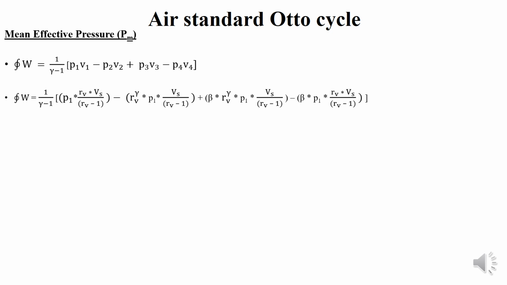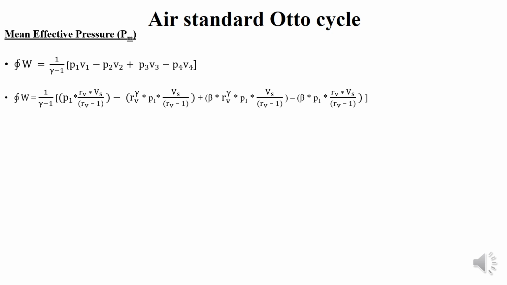In this equation, take the common terms outside and get the reduced equation. See step by step, here it is explained. Gamma minus 1 was there, so RV minus 1 will be common in all four terms, so that is taken outside.